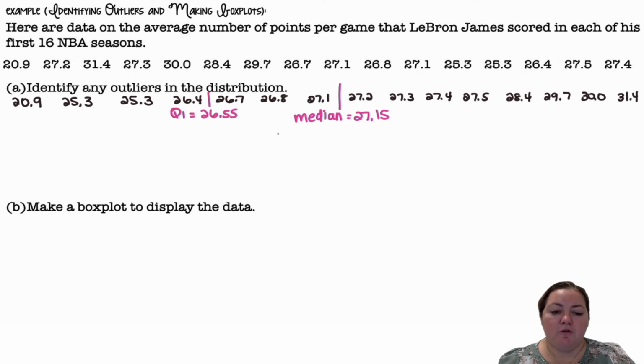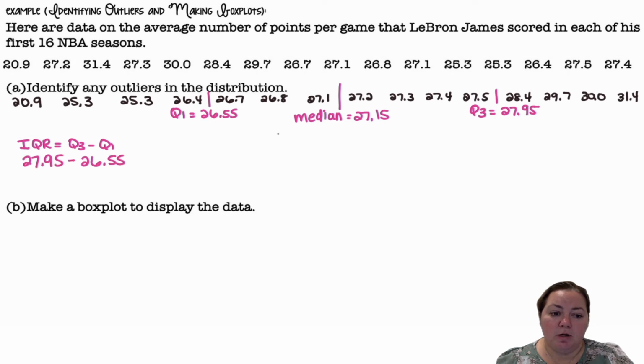I'm going to find the first quartile, which is the middle of the lower half of the data. So quartile 1 is between 26.4 and 26.7, so 26.55. I'm going to find quartile 3, which is the middle of the upper half of the data, which is 27.95. My interquartile range is Q3 minus Q1, so 27.95 minus 26.55 gives me 1.4.